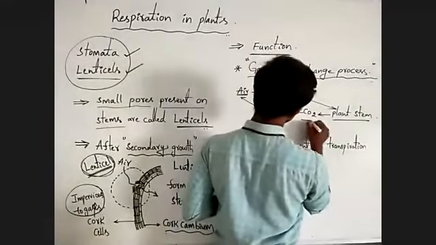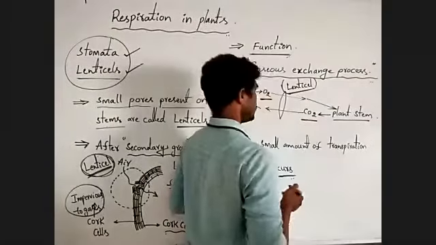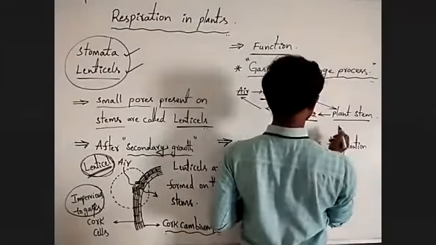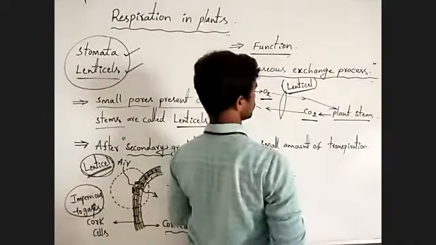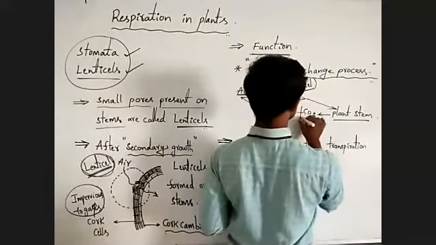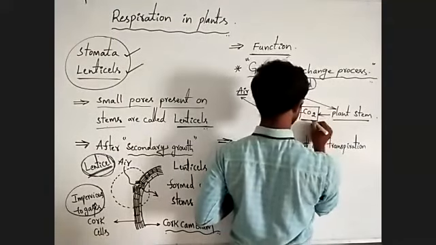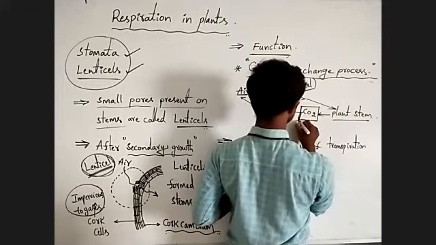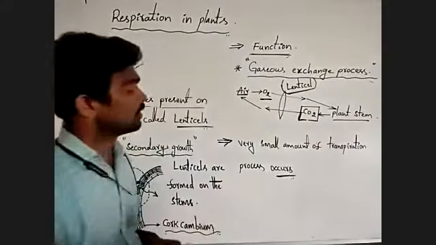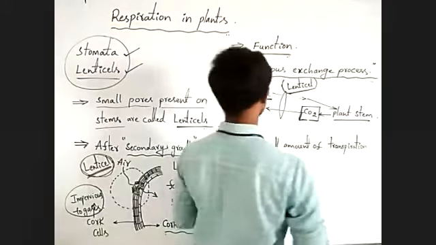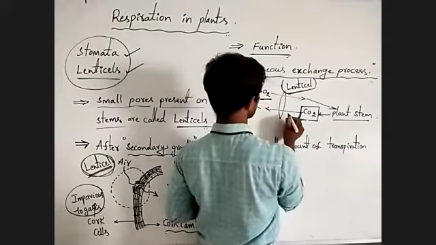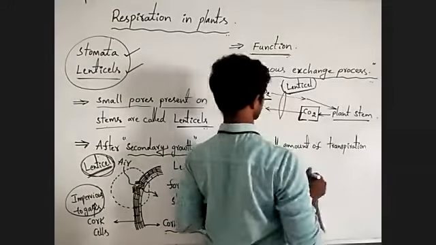Next, carbon dioxide is released out of the plant body into the atmospheric air through this pore-like structure.